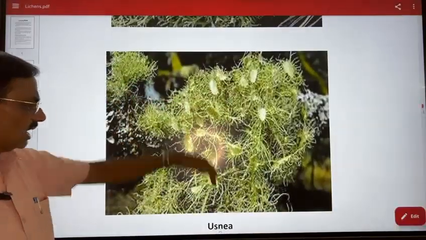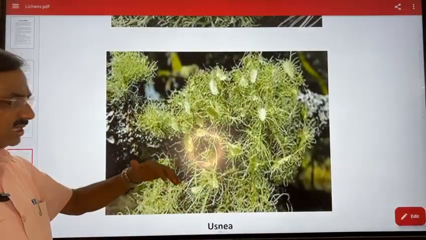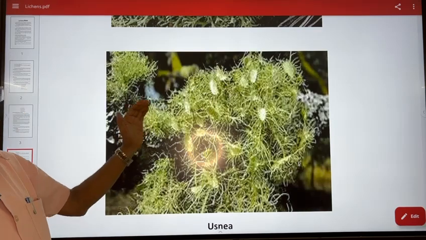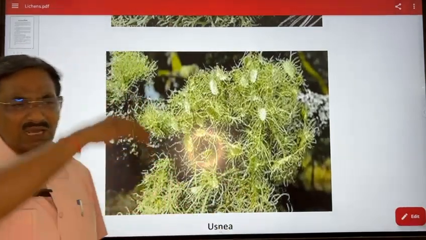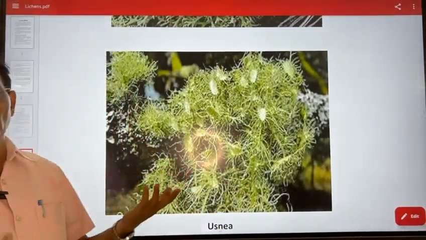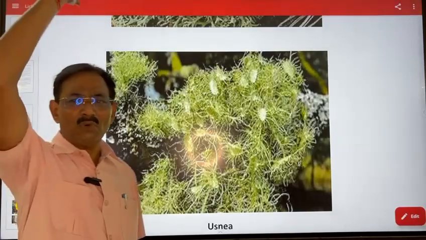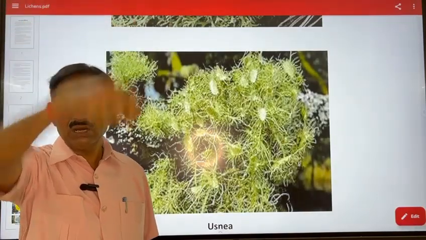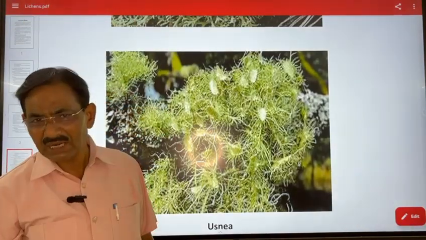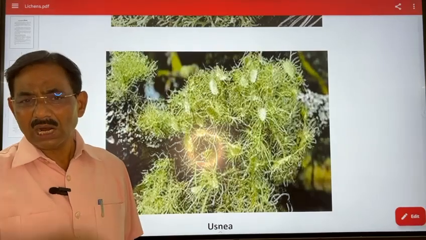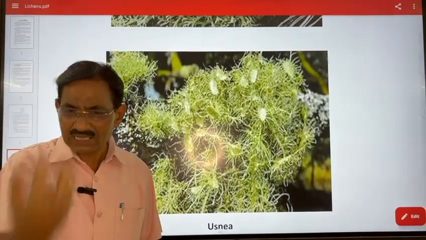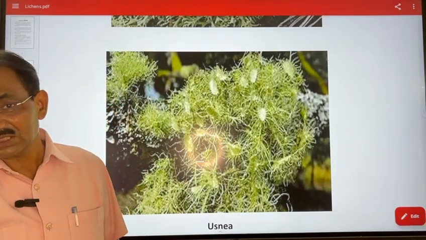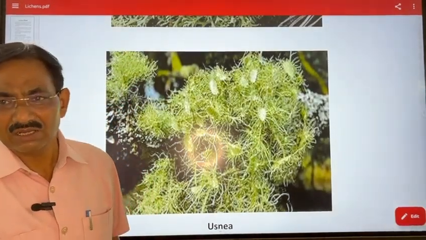They hang on the bark. They are formed on the bark and hang downward, and some are found growing upward. The pendant ones, which grow downward as a hanging thallus-like structure, are called Usnea. Thank you.